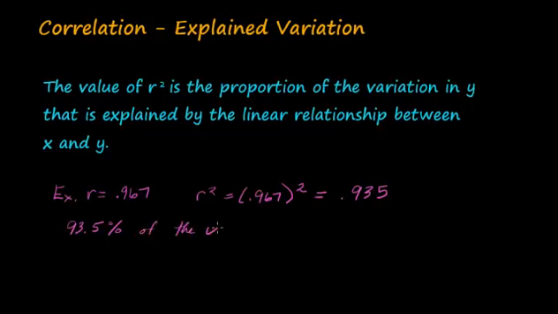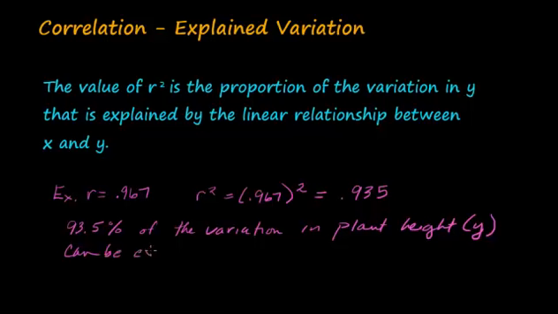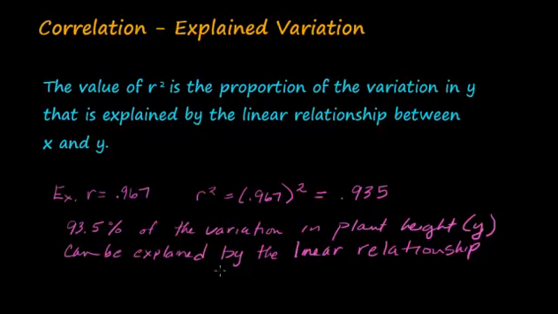of the variation in plant height, and this is my y, can be explained by the linear relationship between the amount of sunlight exposure and plant height.